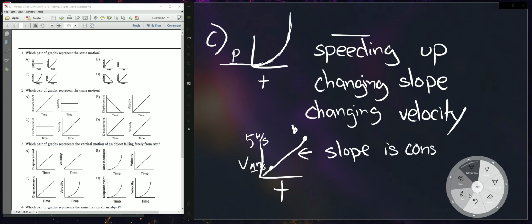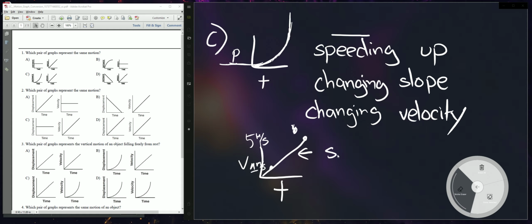The slope on a VT graph is acceleration, so that's not a good example to use. The only thing you're focusing on is that this graph has a changing slope, which must mean it's changing velocity. Well, this graph has a changing velocity as well. I'm going from 1 to 5. So C is the correct answer.